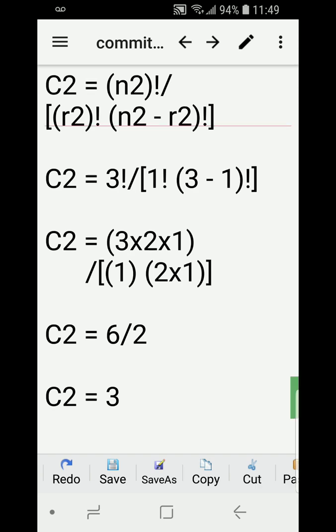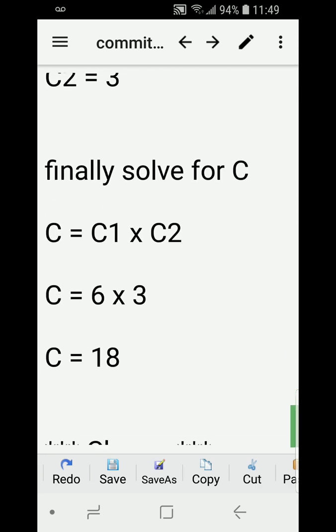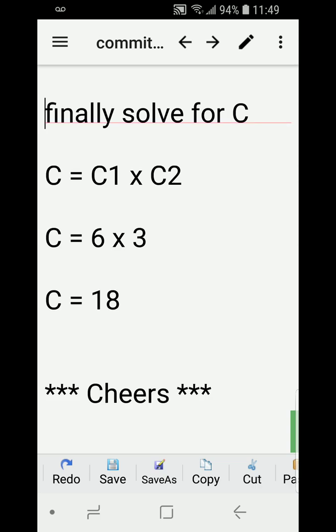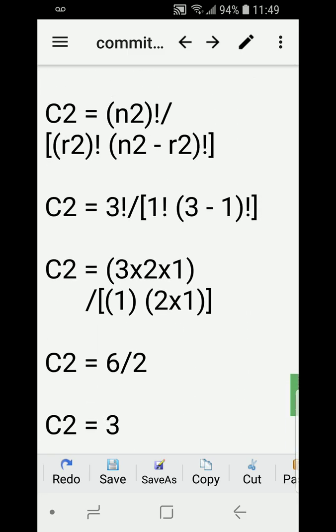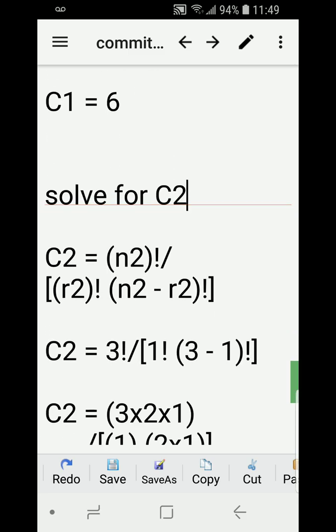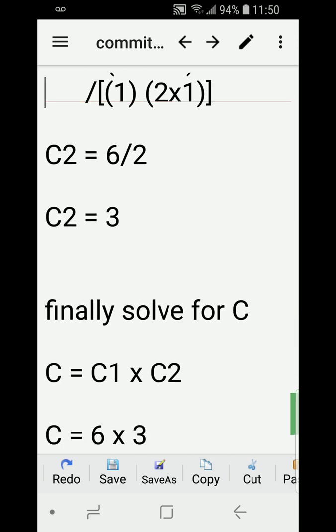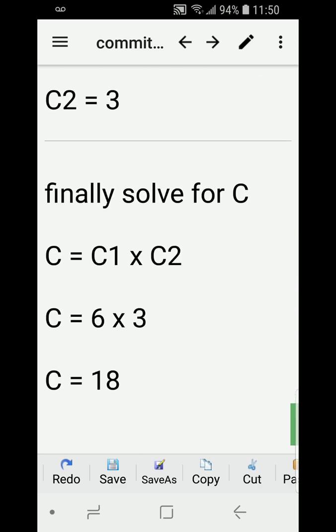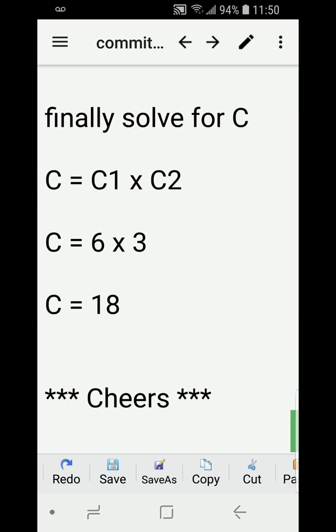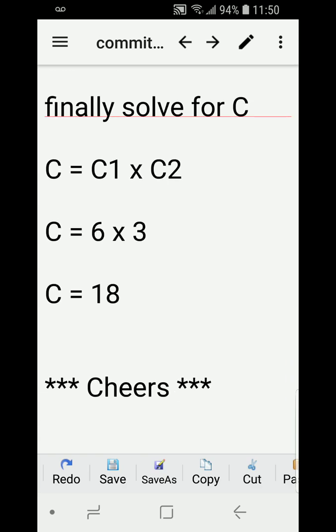And so we finally solve for C, which is just the product of C1 and C2. We got C1 as 6, and we got C2 as 3. So C is 6 times 3, which is equal to 18.